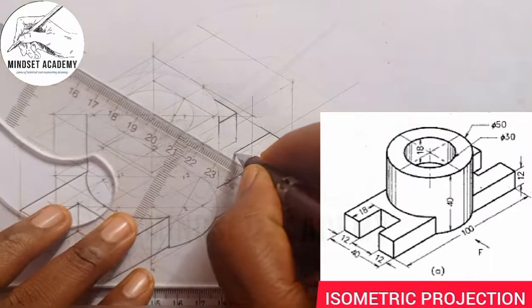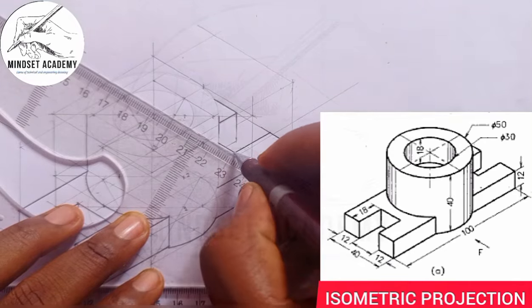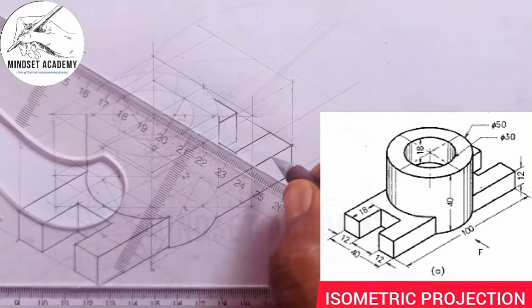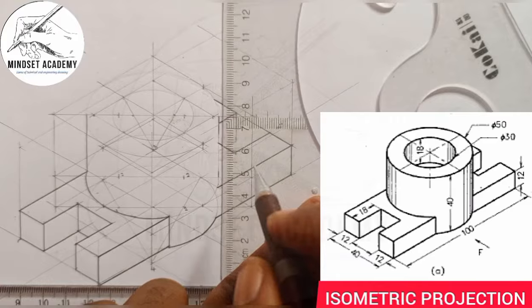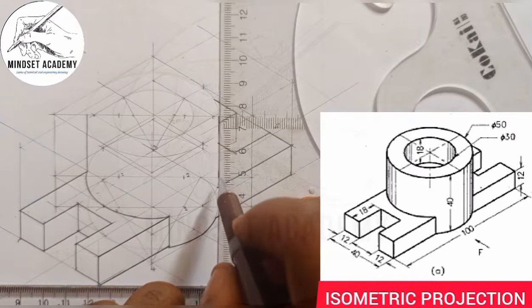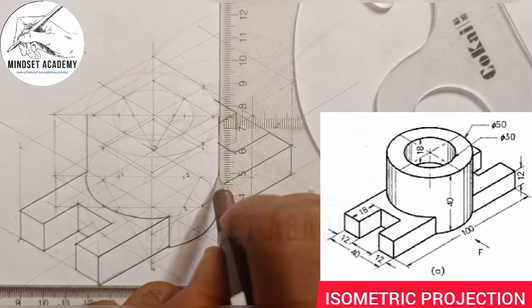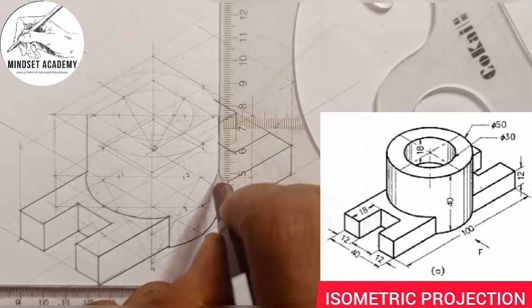So from here, this is coming straight to touch this, right? And this is coming straight down to touch here. As in this point here.